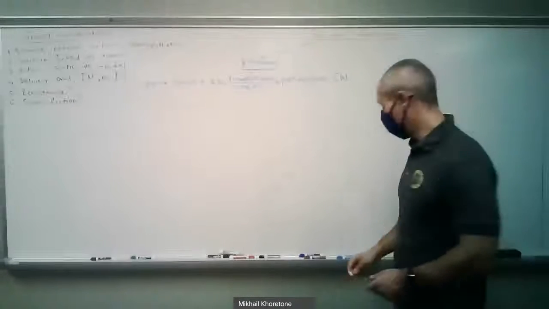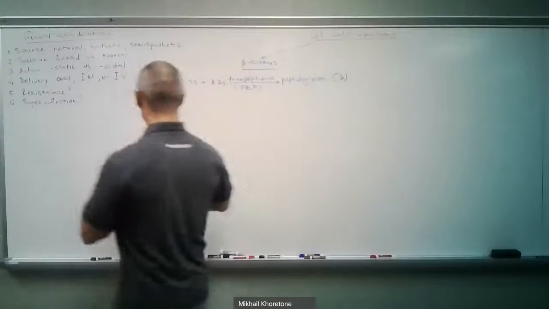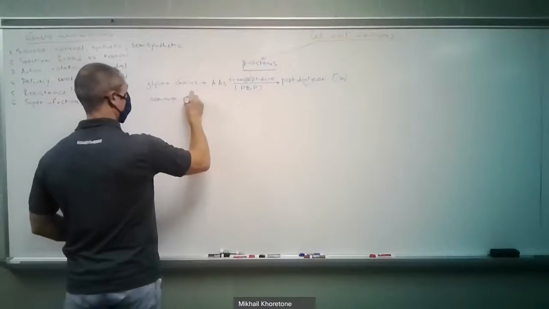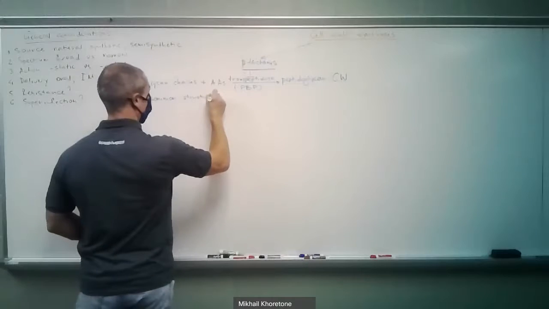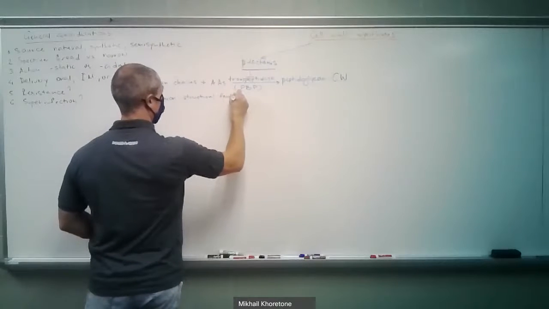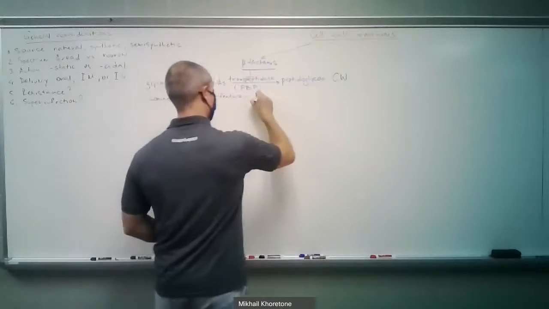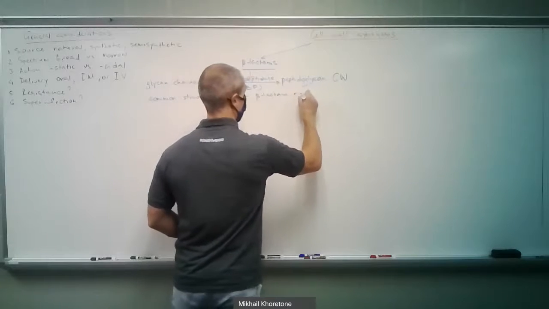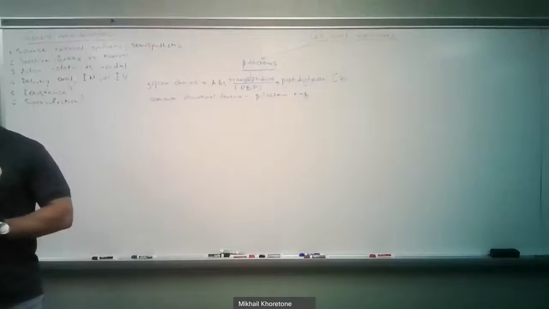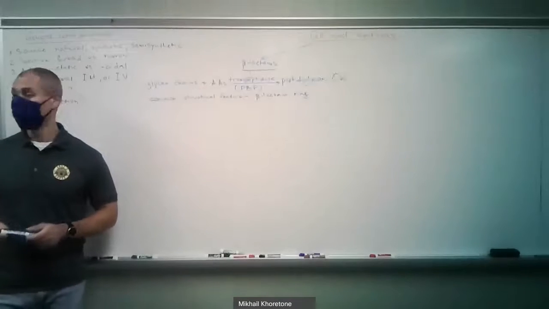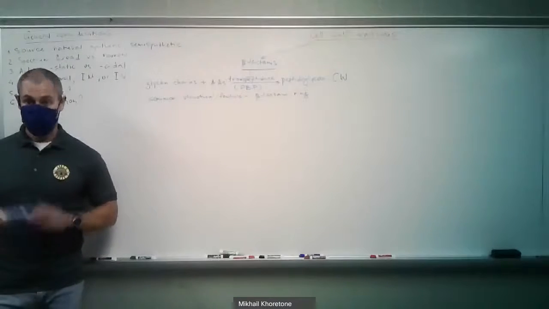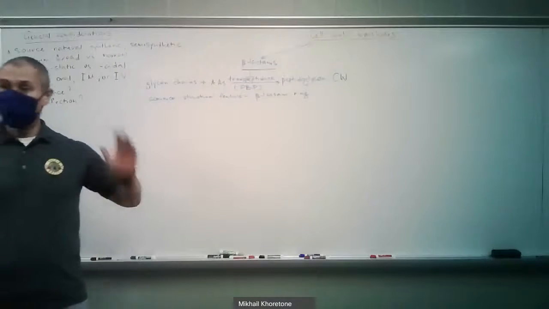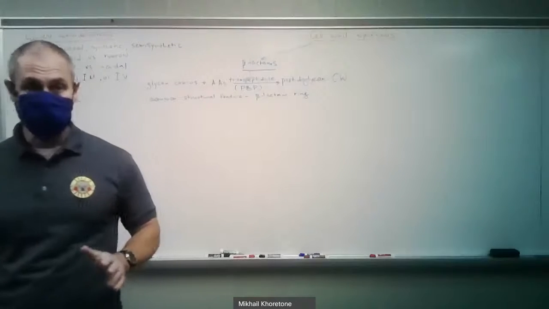And they do so because they have a common structural feature: the beta-lactam ring. Does that make sense? Good? Okay. It's kind of reiteration. All beta-lactam antibiotics have beta-lactam ring.